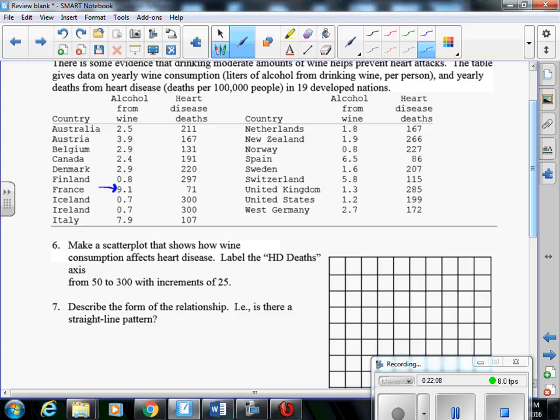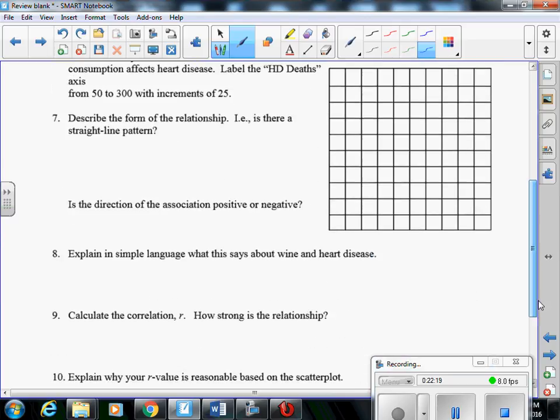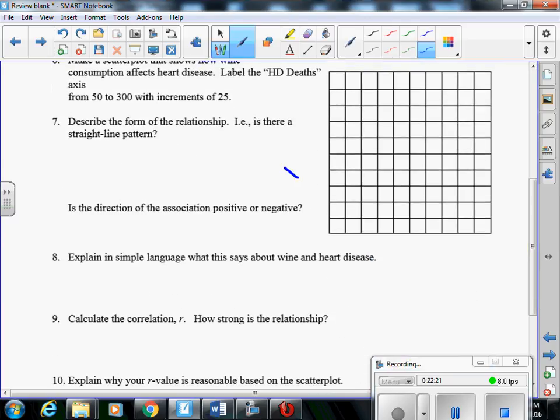Label the HD deaths axis from 50 to 300 with increments of 25. That was nice, they gave us a little idea of what to do. So HD deaths, and we're going to go by, like they said, from 50 to 150, 200, 250, 300 should be good.